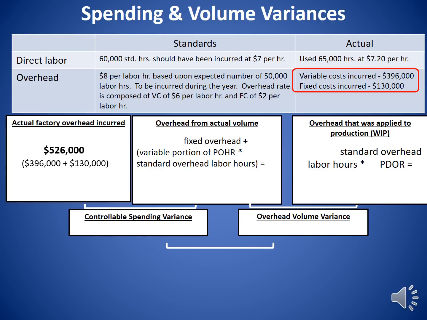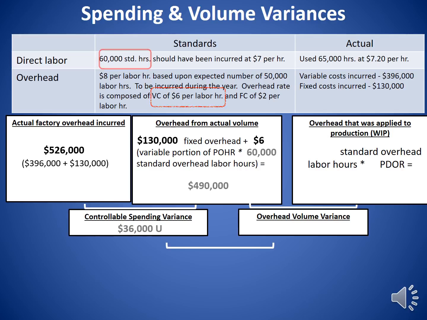Now we want to calculate the overhead that we should have incurred from our actual volume. We do that by starting out with our fixed overhead, which will be $130,000, plus the variable portion of our overhead application rate, which is $6 per hour, times the standard overhead labor hours. In this case, the standard labor overhead hours, if you take a look under direct labor under standards, would have been 60,000 hours.